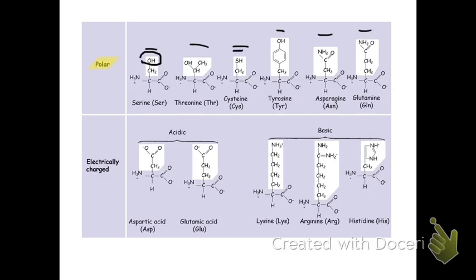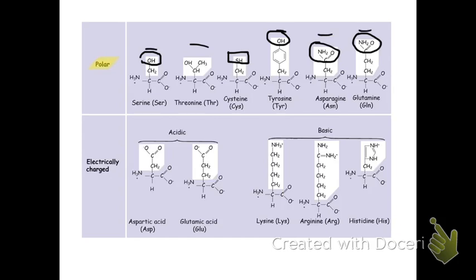On cysteine, we have an SH group, which is a sulfhydryl group. Let me erase that a little bit so you can see that better. And then over here, tyrosine, you have an OH group. It's just that these different groups on these amino acids are polar, and so they're going to have slightly negative and positive charges on them.